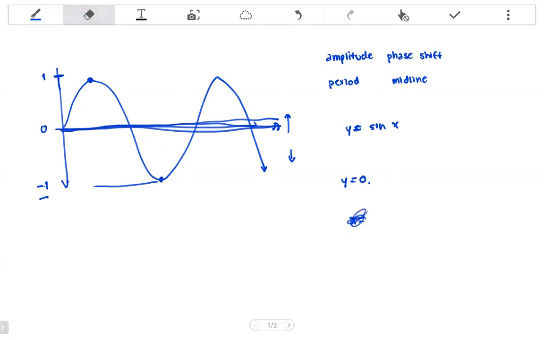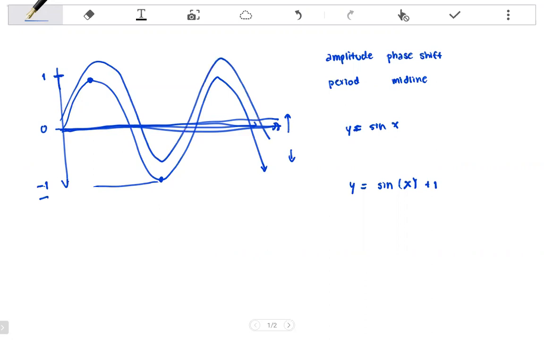So where is midline in an equation? Midline is the same thing as vertical translation. If you guys remember what vertical translation is, y equals, let's say, sine x, okay? If we have this and I added a 1 here, then this graph would go up 1 unit like that.